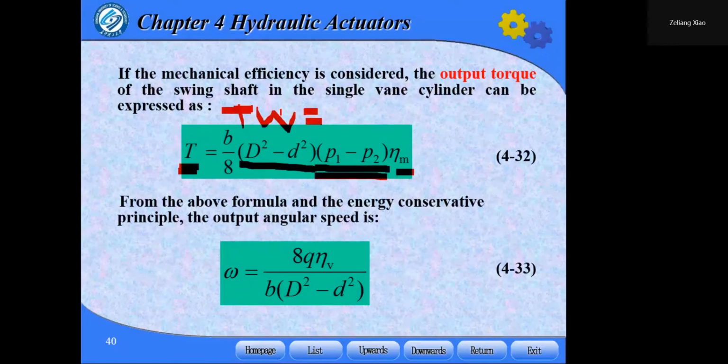You still remember this one: the torque multiplied by the angular speed gives the output power P out.